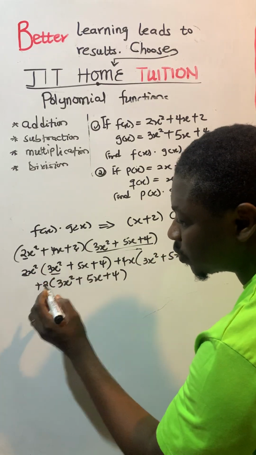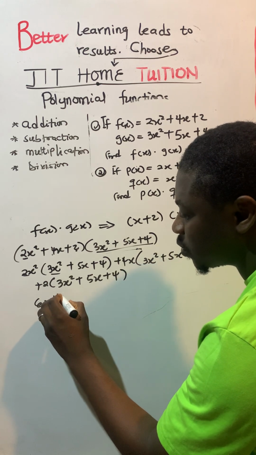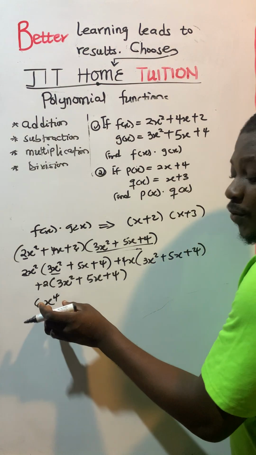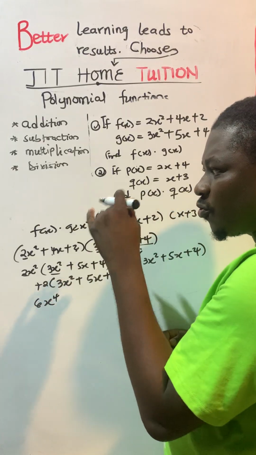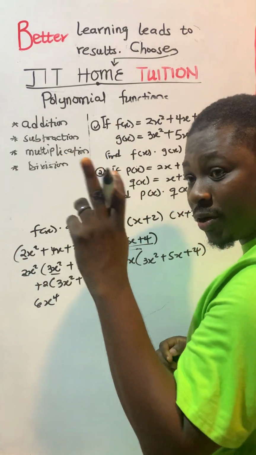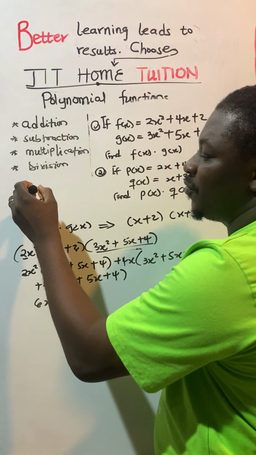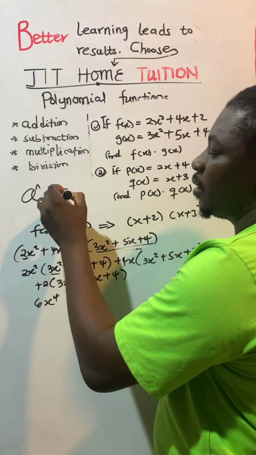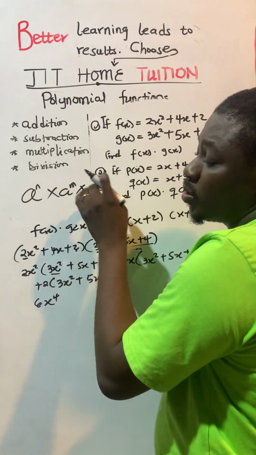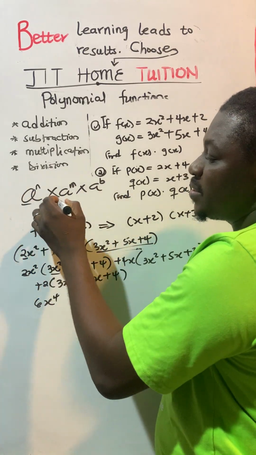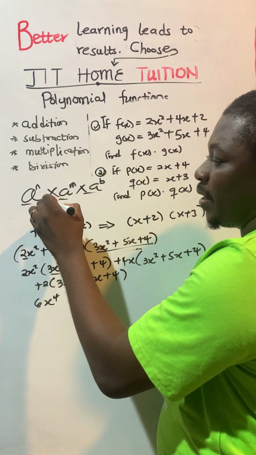Now this will multiply this, and that will give you 6x raised to the power 4. Now even with this one, you need to understand indices. The principle of indices, I'm talking about the first law, says that if you have an index here, another one here, and they are multiplying and the bases are the same, you write one of them and add the powers.